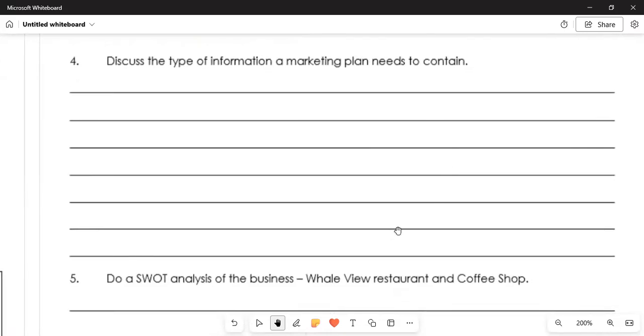So now we are moving on to another question. Question 4: discuss the type of information a marketing plan needs to contain. A marketing plan should include the following information.